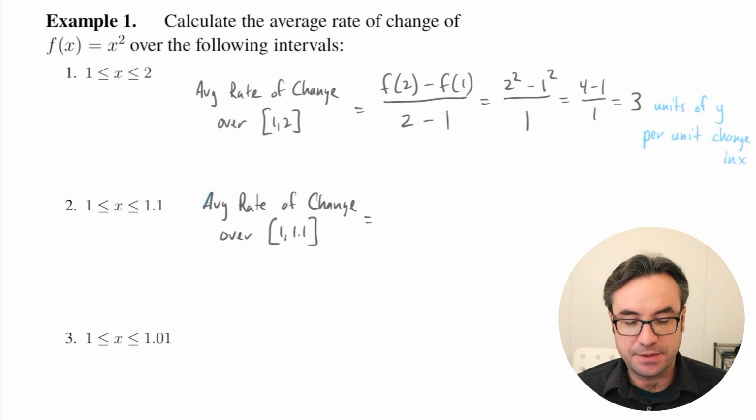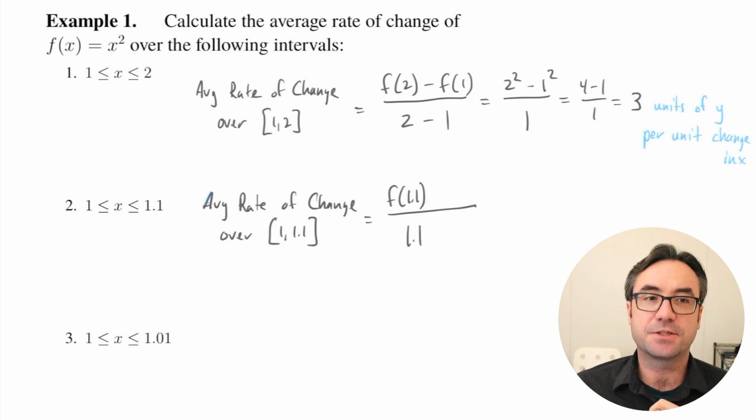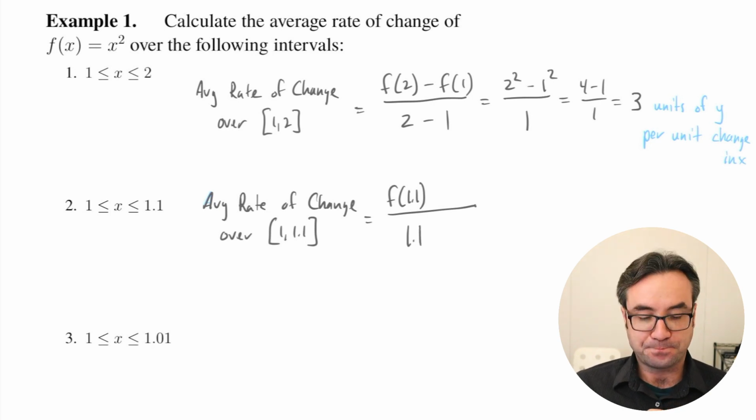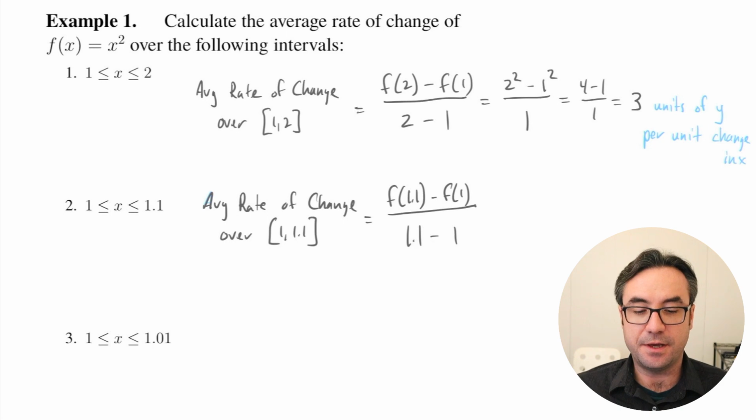Well, let's see what happens. Same setup here. We're going to plug in the right endpoint first, and then we'll put that same x value in the denominator there. Then we subtract off the other endpoint.